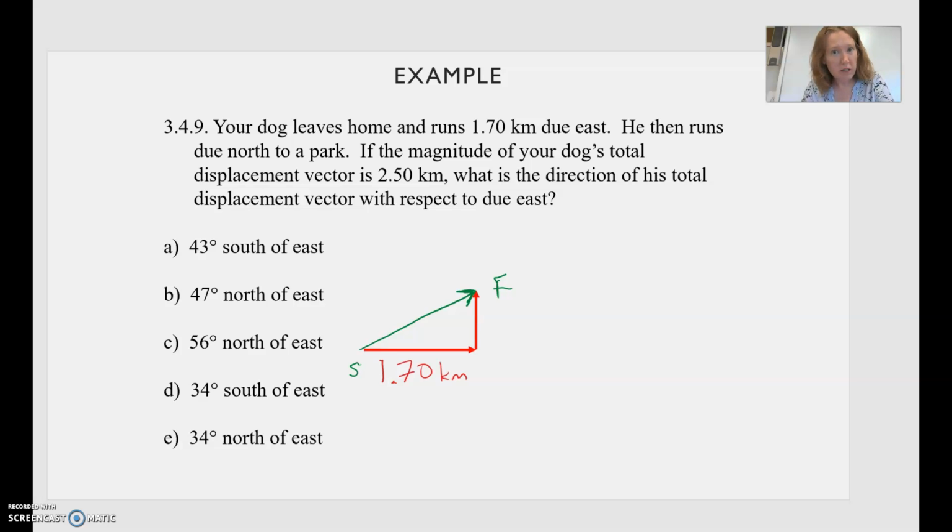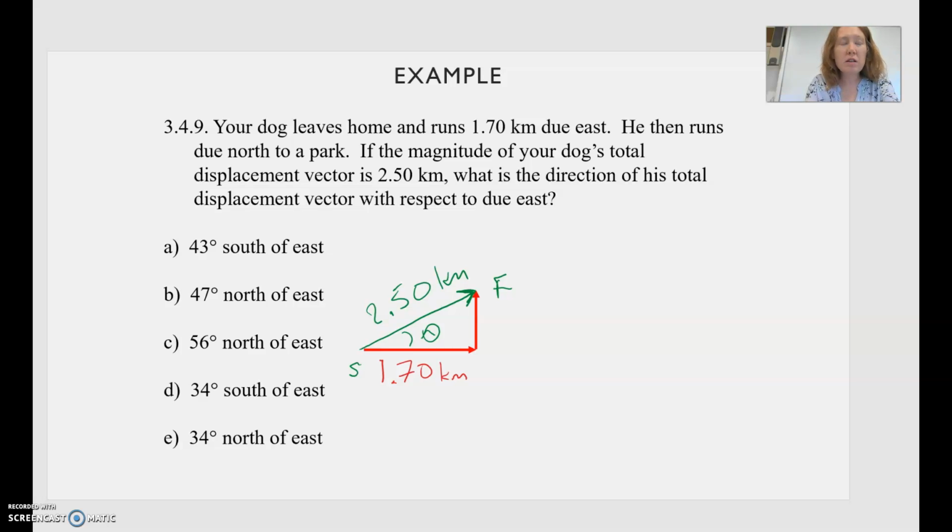That would be the quickest way to find him. And that is 2.5 km, right? And we're trying to find this angle with respect to due east. That's theta. That's fine, because now that's just trig. I know the length of the hypotenuse, and I know the length of the adjacent side.